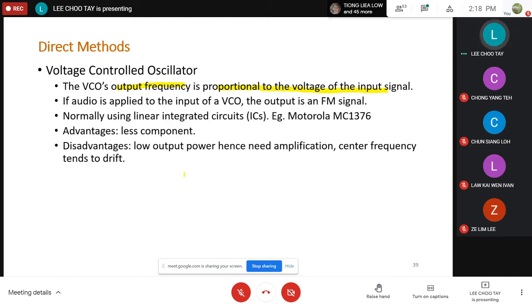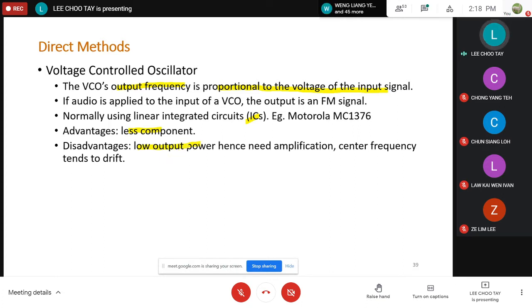Normally you can actually buy this in the form of an IC. The benefit of this method is that you need fewer components. But again, because it's an IC, the output power normally is very low. So you need to amplify the signal.